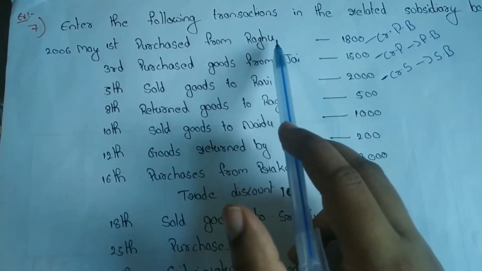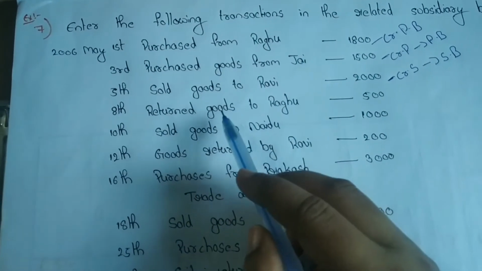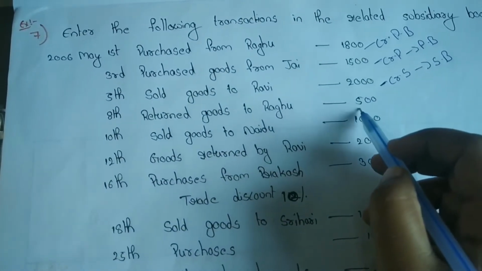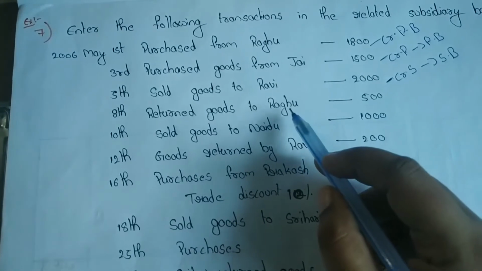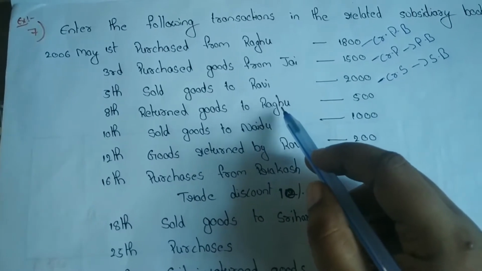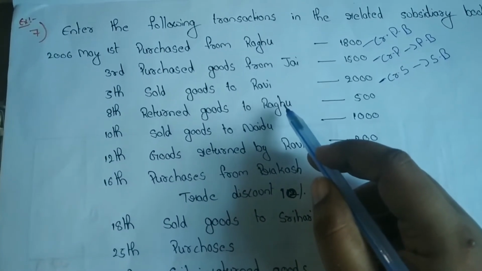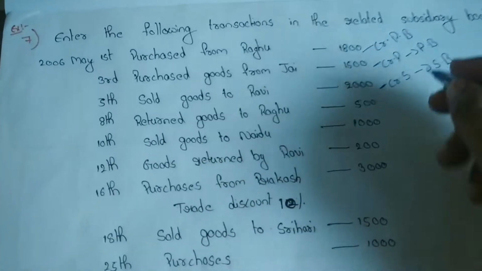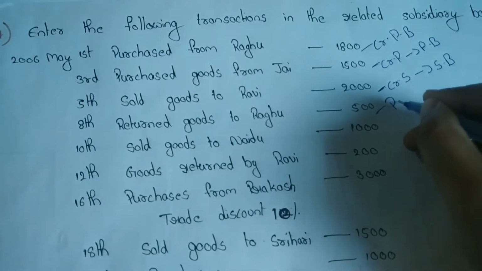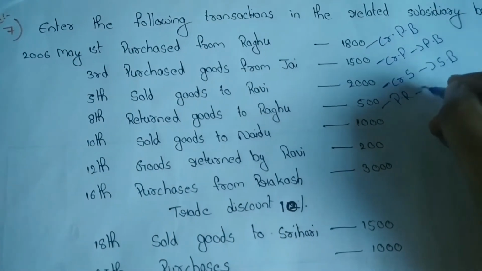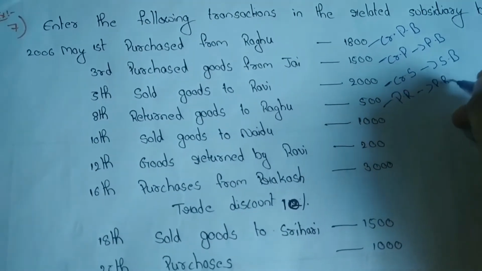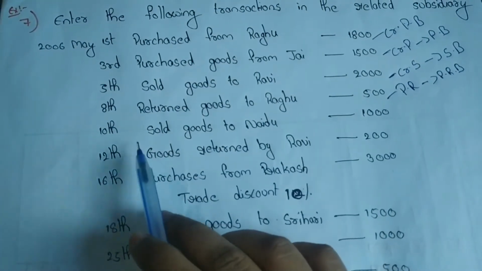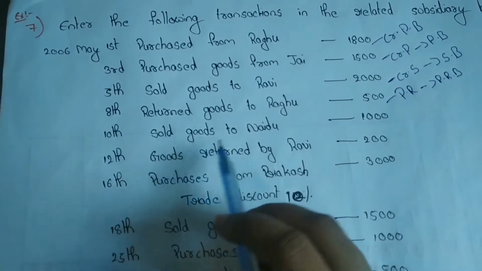But on 8th, you returned goods to Raghu and the amount was 500. So it was a purchase return, because we purchased goods from Raghu and after some days we returned some part of the goods to Raghu. It comes under the purchase returns book. Clear?